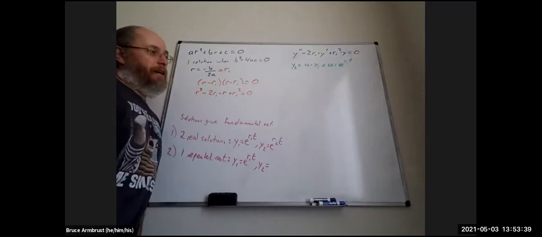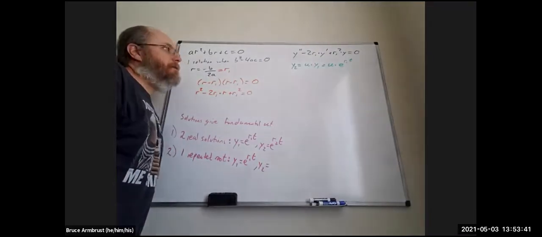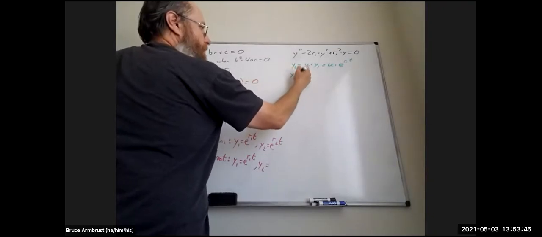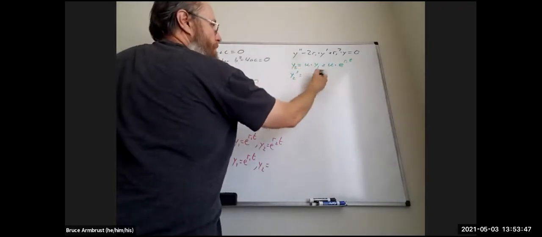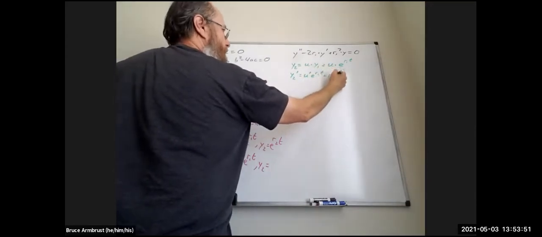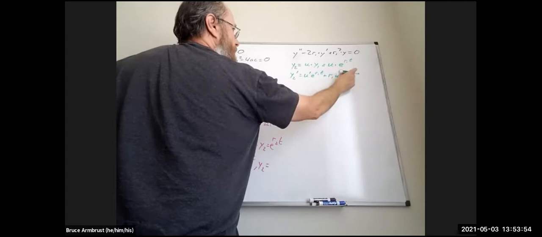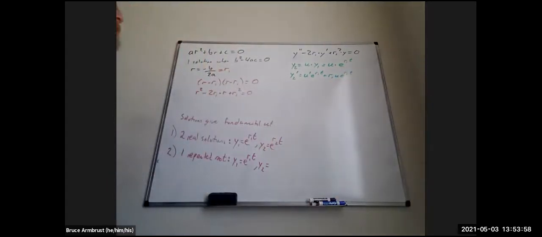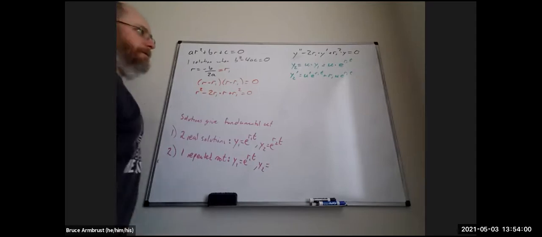So the question is, what's the other one look like? Okay, so let's get derivatives. y2 prime is going to be u prime e to the r1t plus r1 u times e to the r1t. So that's just good old product rule.